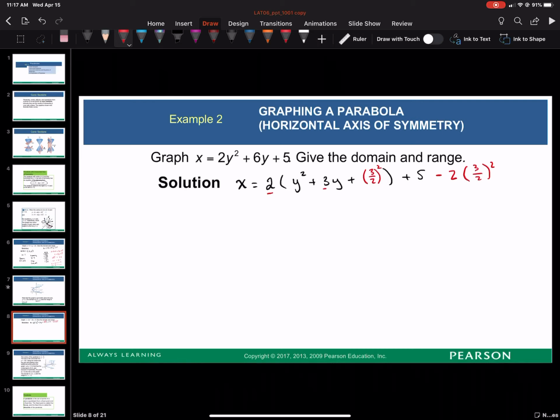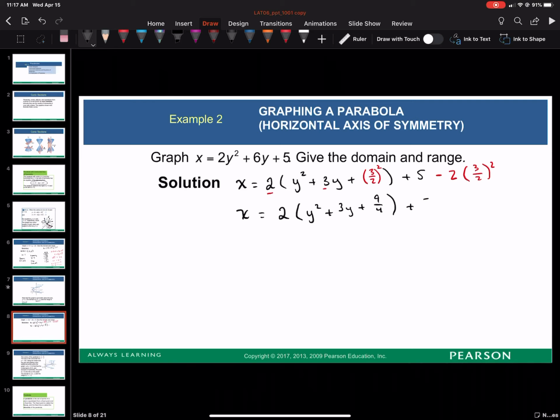So if I rewrite this, it's going to be x is equal to 2 times y squared plus 3y plus 9 over 4. All right?